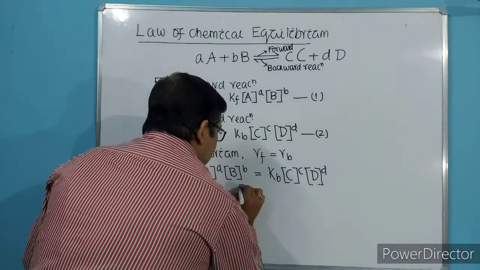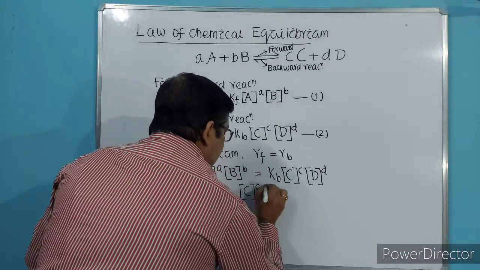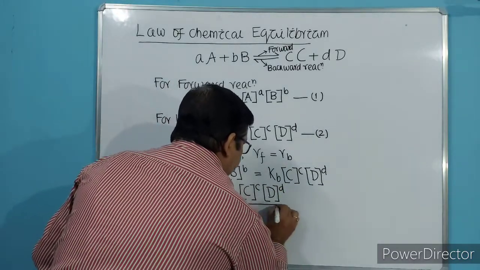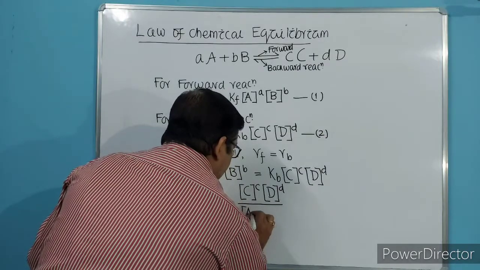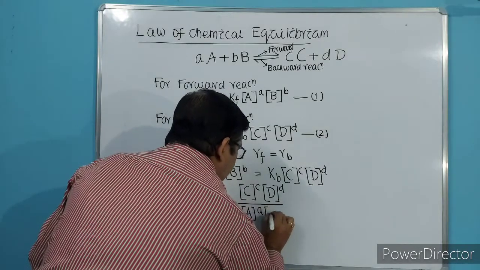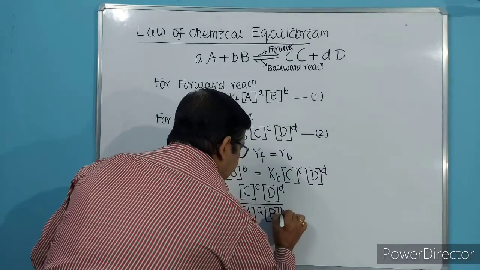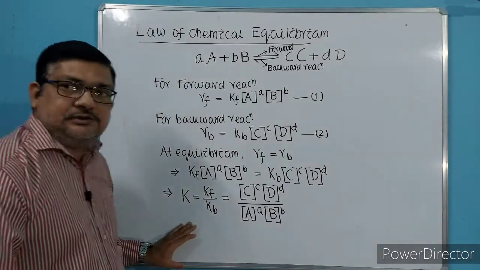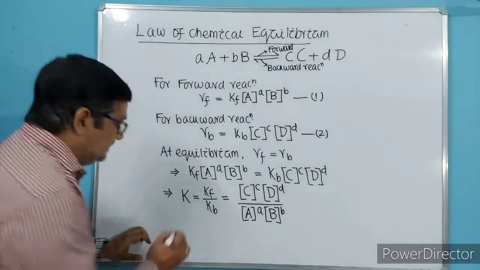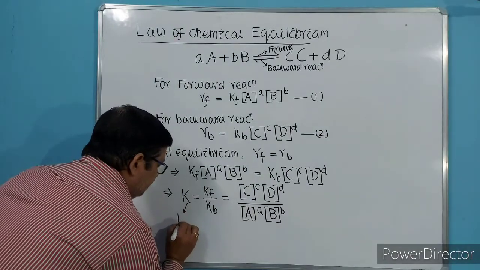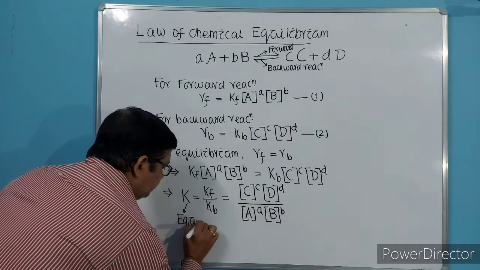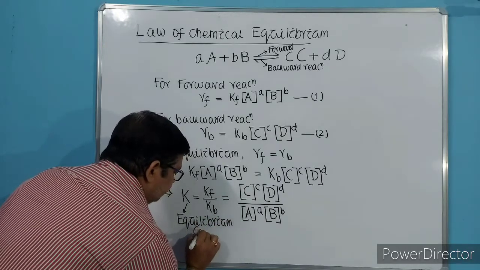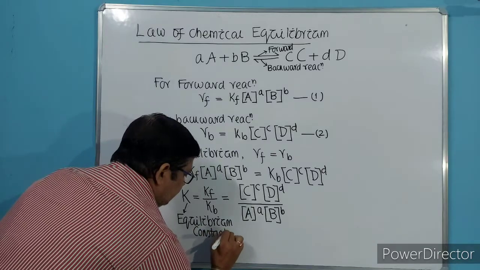So K equals [C] to the power c into [D] to the power d divided by [A] to the power a into [B] to the power b. This is called the law of chemical equilibrium, which defines the value of the equilibrium constant. This capital K is known as the equilibrium constant, which is a constant at a given temperature.